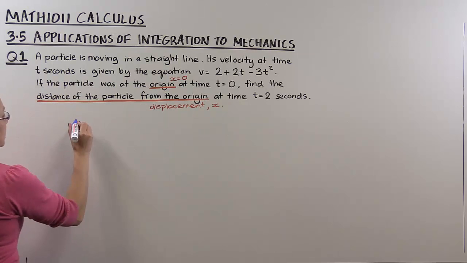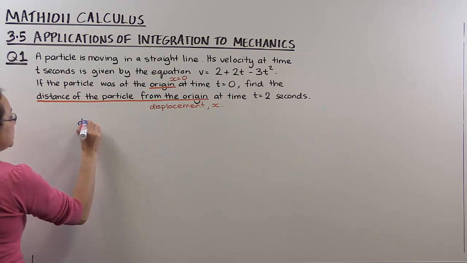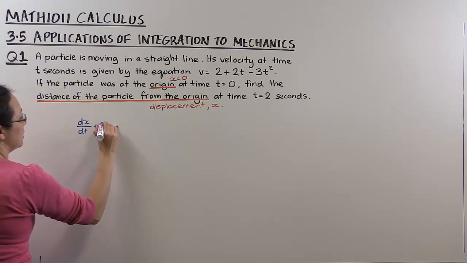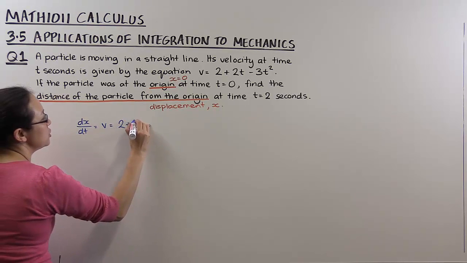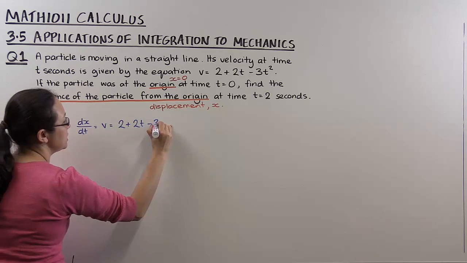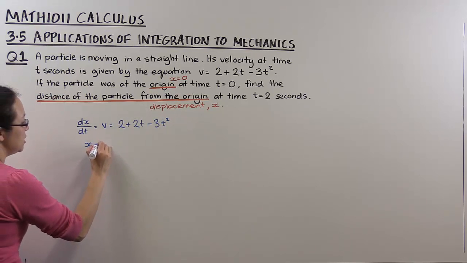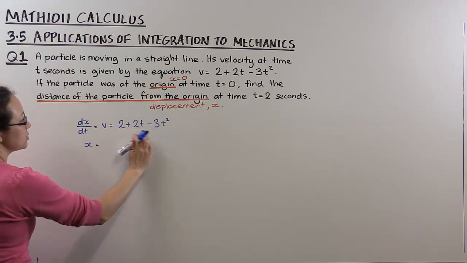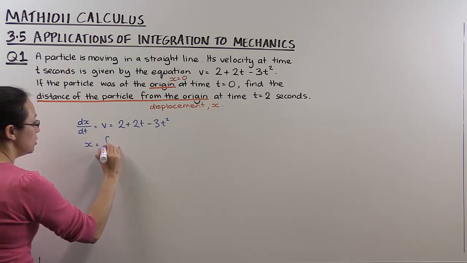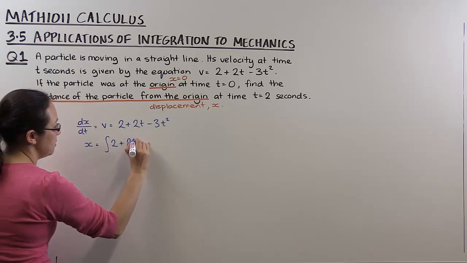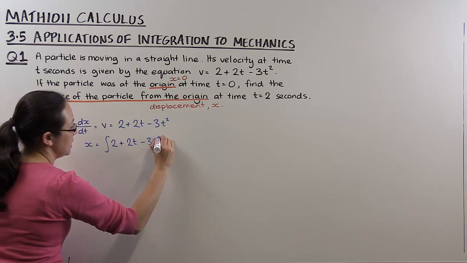So let's do that. We've got our velocity, or dx/dt, is given by the equation 2 plus 2t minus 3t squared. So if we just wish to find an equation for displacement, that's just going to be an antiderivative here, or we can write that as an indefinite integral here.